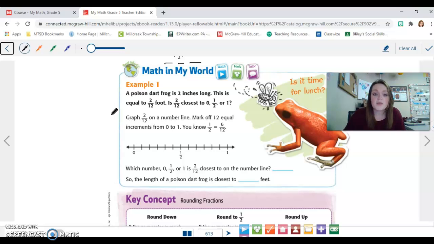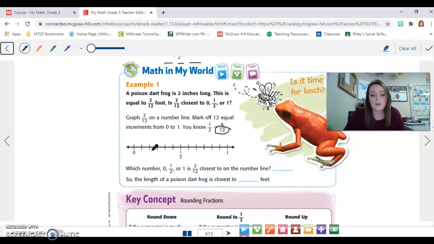Let's look at example 1. It says a poison dart frog is 2 inches long. This is equal to 2/12 foot. Is 2/12 closest to 0, 1/2, or 1? Okay, so what we're going to do is look at this number line. We are working with 12ths. So our number line has 12 hashes or 12 little lines to indicate where each 12th is on our number line.